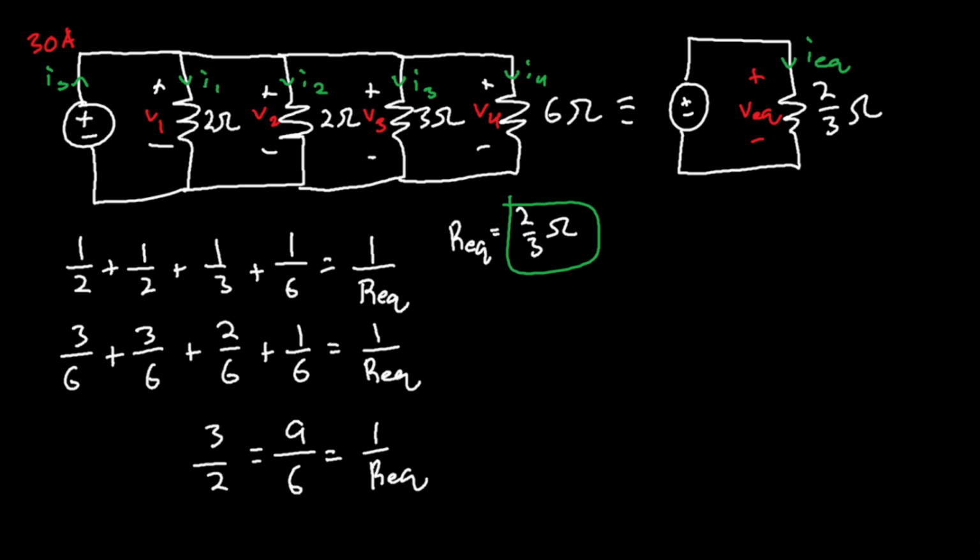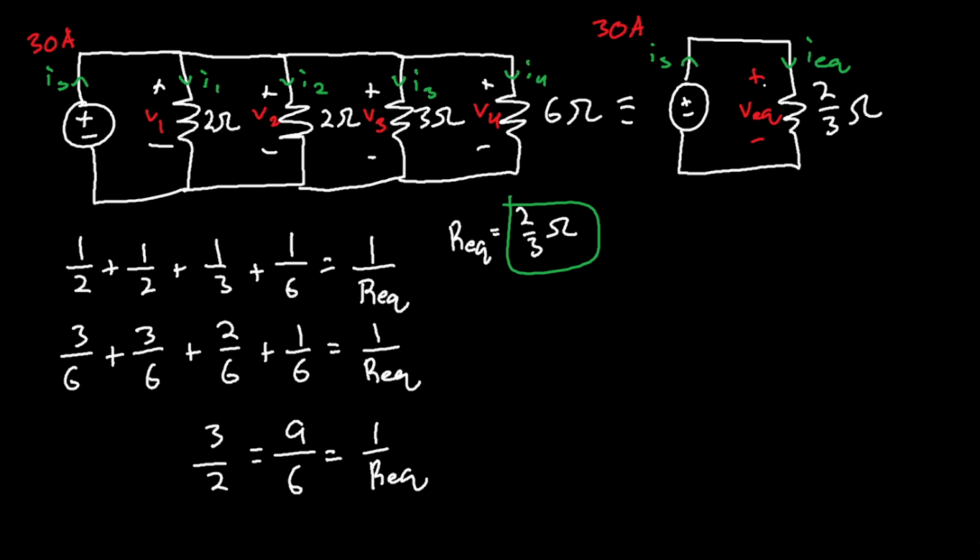All right. Well, what do we have here? As I've said, since now our parallel resistors are represented by just a single resistor, we just have a kind of series circuit, so to say. That means the current I of S is equal to the current IEQ.